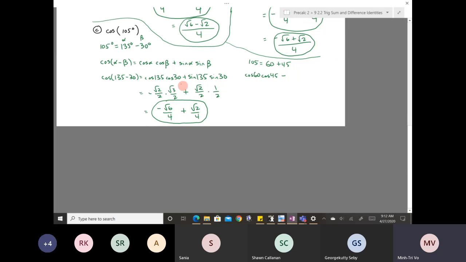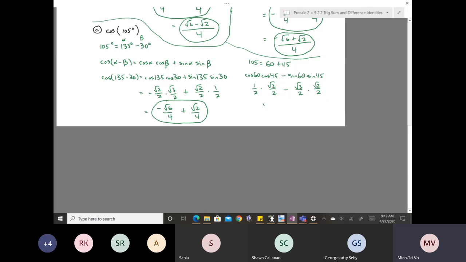So now it's correct. Okay, so this is sine 60, sine 45. What is cosine 60? That's 1/2. Cosine 45 is square root of 2 over 2. Sine 60 is square root of 3 over 2. Sine 45 is square root of 2 over 2.